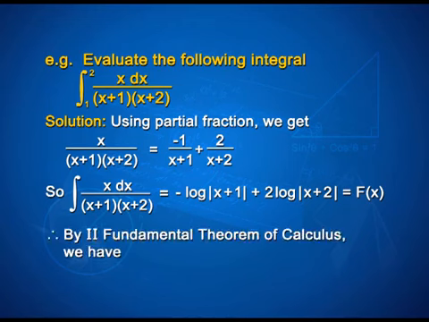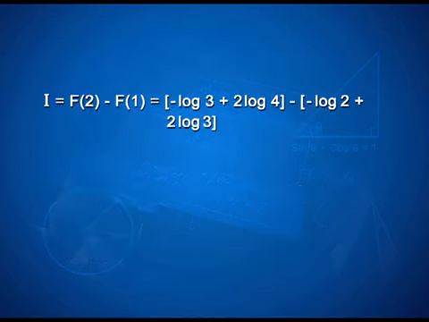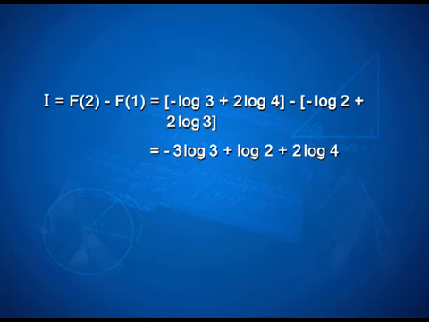Therefore, by the second fundamental theorem of calculus, we have the integral is equal to F(2) minus F(1), that is equal to minus log 3 plus 2 log 4 minus (minus log 2 plus 2 log 3), that is equal to minus 3 log 3 plus log 2 plus 2 log 4. On solving, we get log of 32 upon 27.